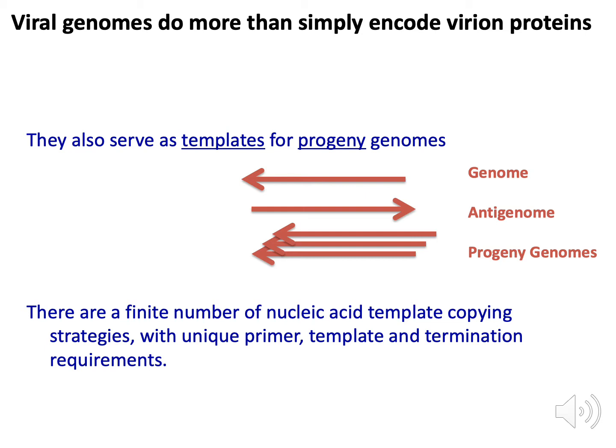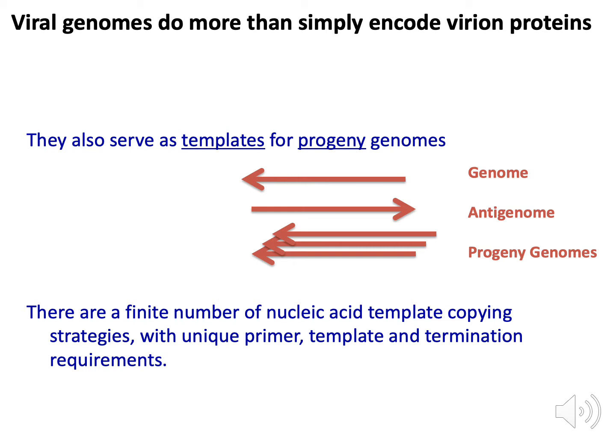If a virus had a negative sense RNA genome, and we draw that as the arrow pointing not in the message sense, then its antigenome, which would be the template for more genomes, would be positive sense because the baby genomes are negative sense.